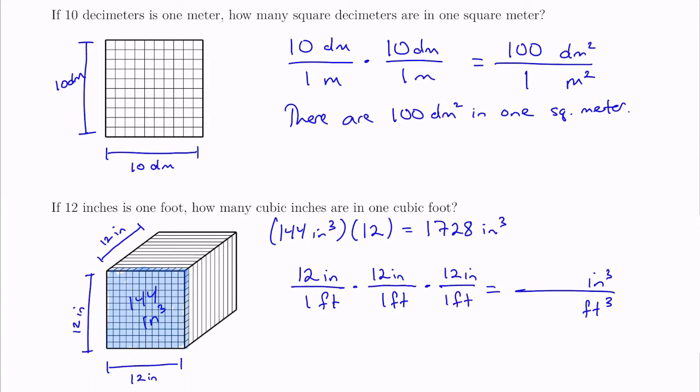If we go ahead and multiply across the top, we would have 12 times 12 times 12, which is 1,728. Inches times inches times inches gives us our cubic inches. In the denominator, 1 times 1 times 1 gives us 1. And the feet multiplied by itself 3 times gives us our cubic feet. So we can establish a new relationship that compares cubic feet and cubic inches by using these linear relationships.